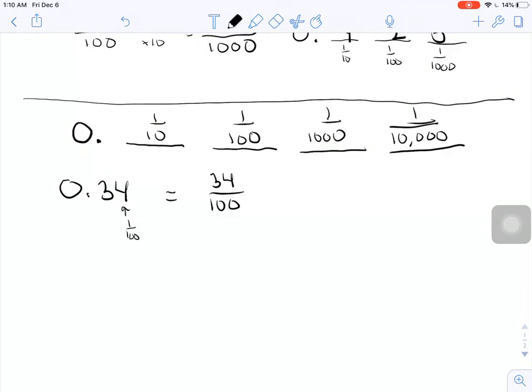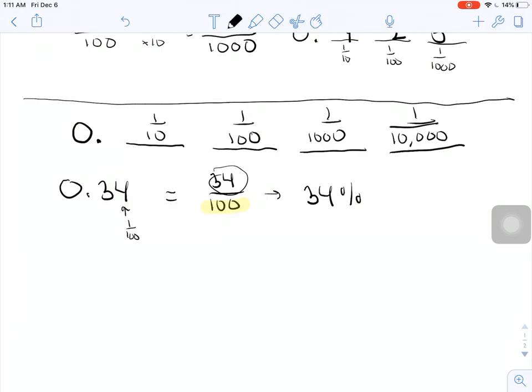Once we turn our decimal into a fraction, we're basically doing what we did yesterday, going from fraction to percent. We already practiced going from fraction to percent, so if you can get the fraction, then you can just do what we were already doing. This already has a denominator of 100, which means we can just grab that top number and that's our percentage. So 0.34, the decimal, would be 34%.